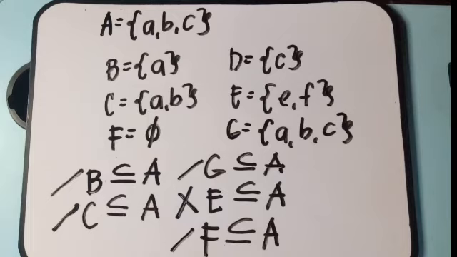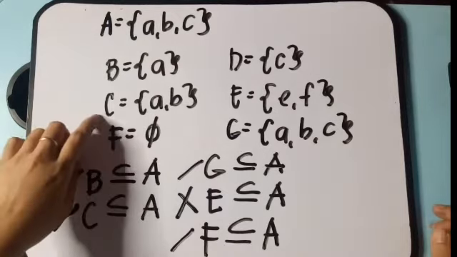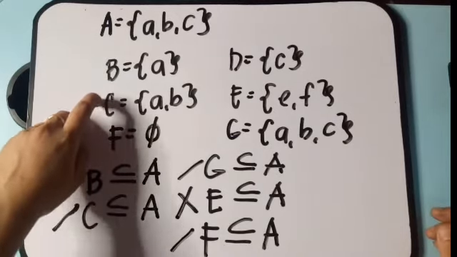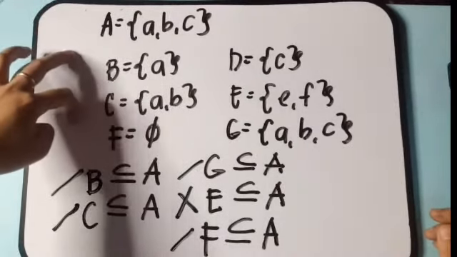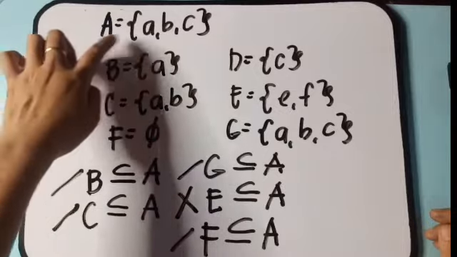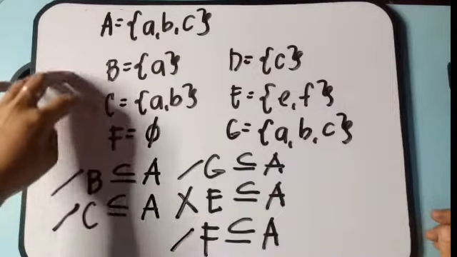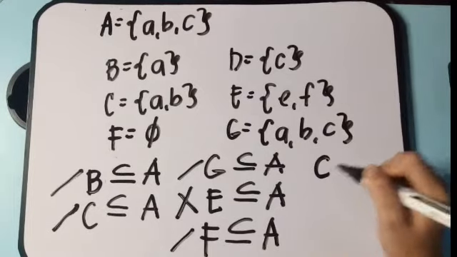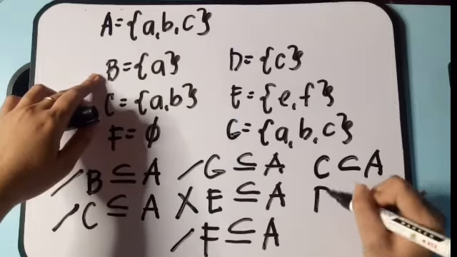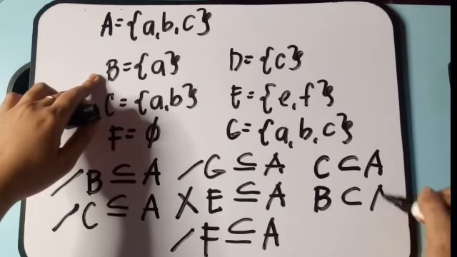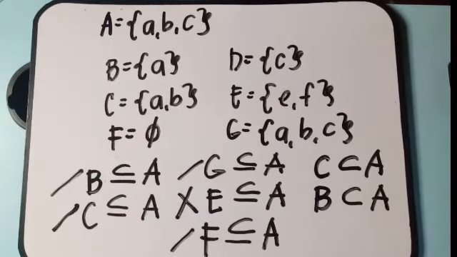Ano naman yung proper subset? This one, class, C is a proper subset of A. Why? Because they are not equal. A, B ito, itong A ay A, B, C. Therefore, C is a proper subset of A. Pwede ring B. B is a proper subset of A. Okay, basta hindi equal yung elements nila, pero subset sila, therefore, ang tawag doon ay proper subset.